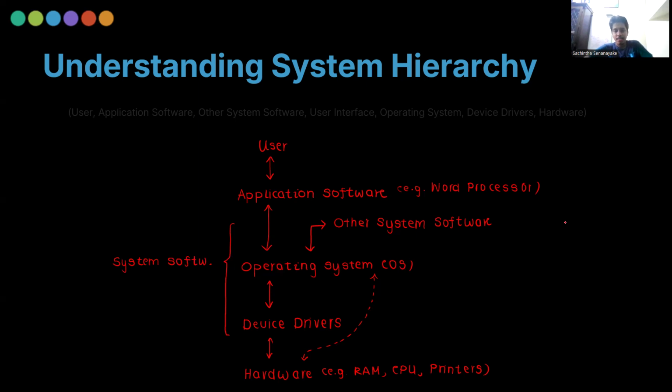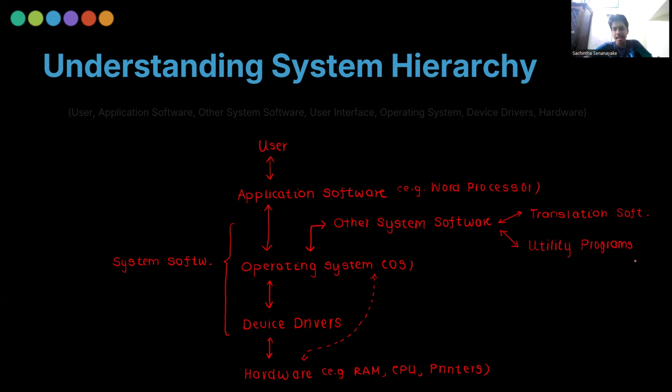And what are the different things that fall into other system software? We have translation software that we look at in the second part of Unit 5, Unit 5.2. Translation software. Then we have utility software, also known as utility programs.